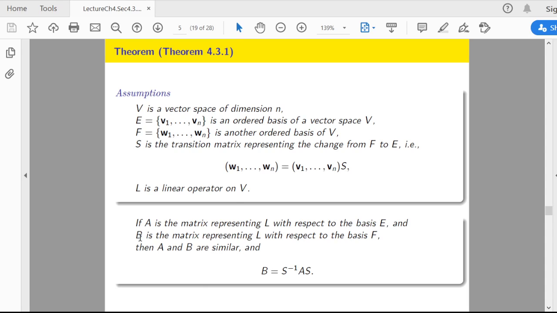And then we assume B is the matrix representing L with respect to the basis F, that is, with respect to W1, W2 to Wn. Then the conclusion is A and B are similar. More precisely, we can write B equals S inverse times A times S. Now what is S? S is a transition matrix.